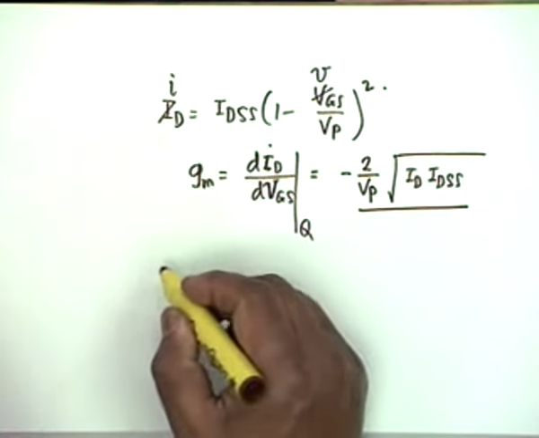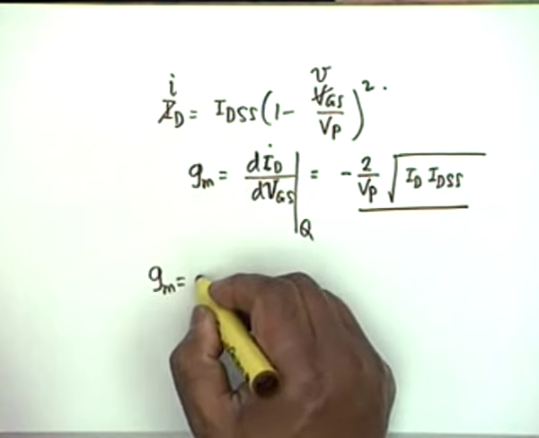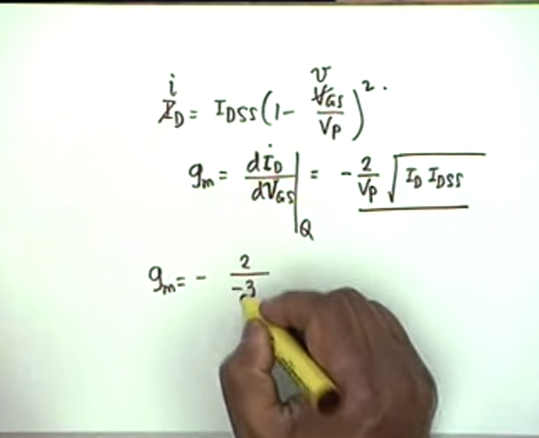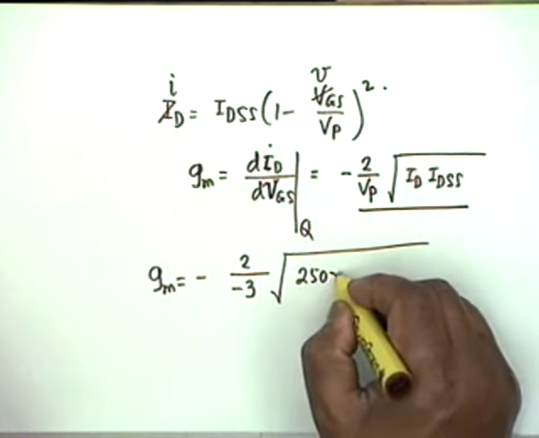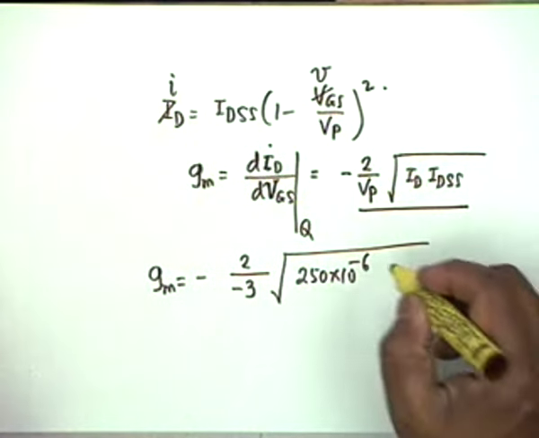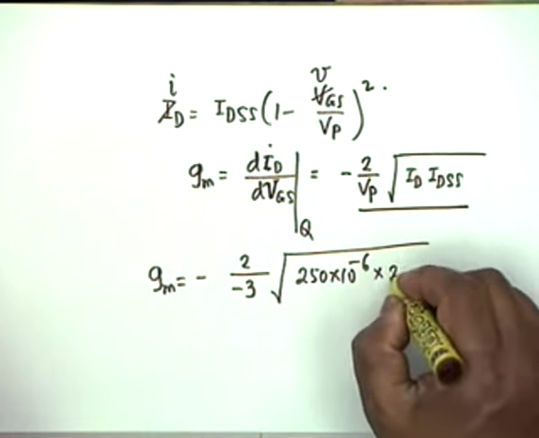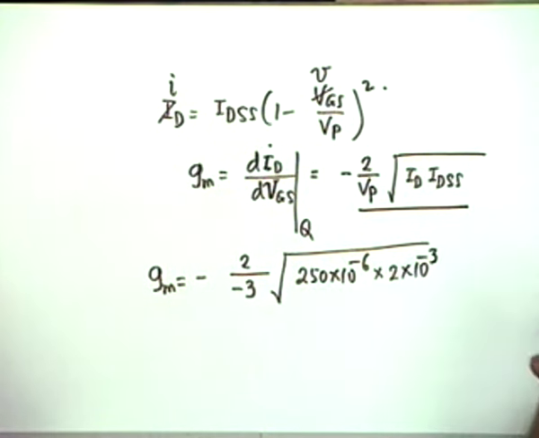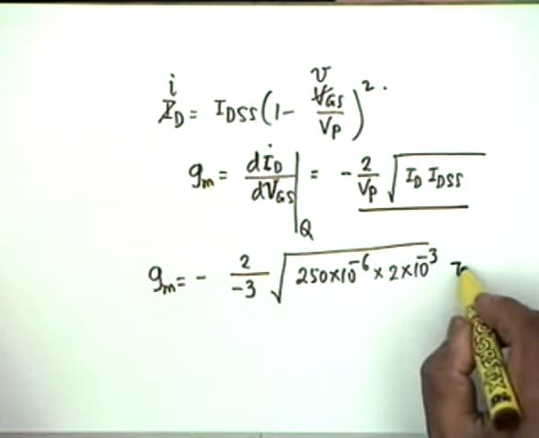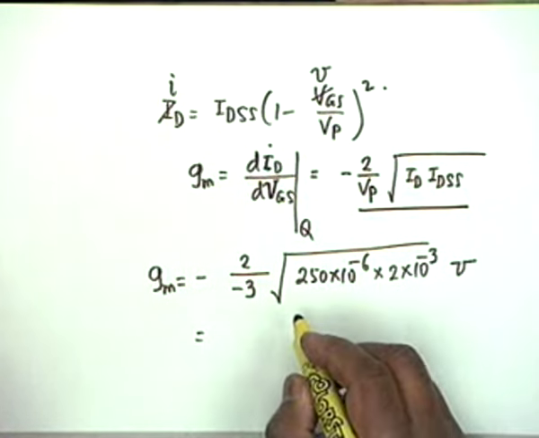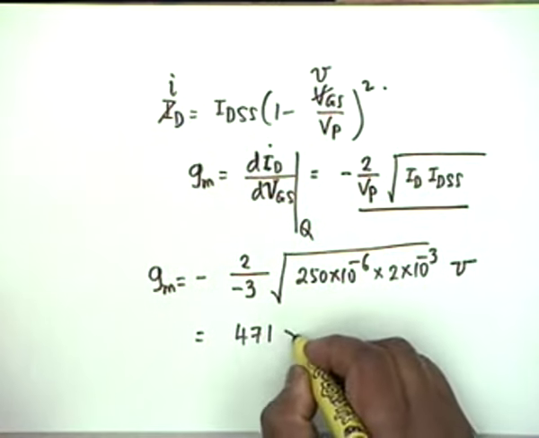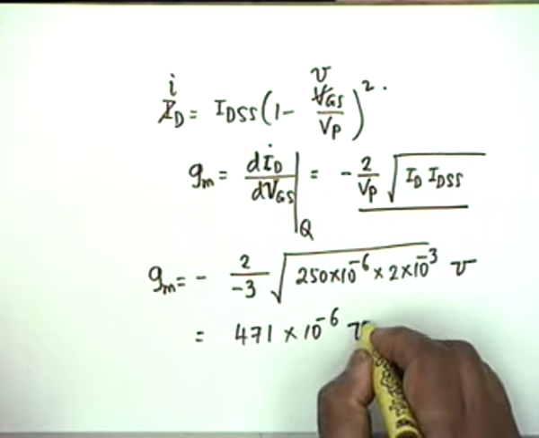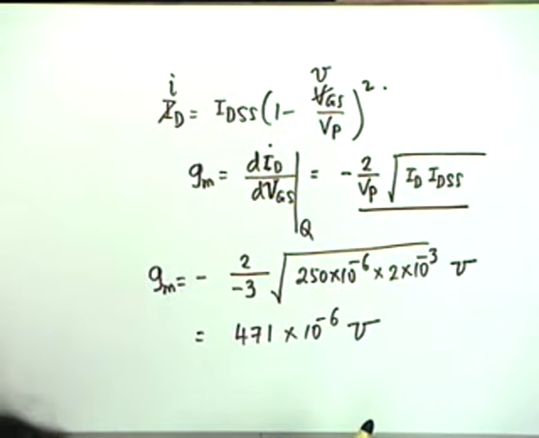Now if I substitute the values, you see GM is minus 2 divided by minus 3, I sub D is 250 microamperes, and IDSS is given as 2 milliamperes, 2 times 10 to the minus 3, and so many mhos. If you calculate this out, my result is 471 times 10 to the minus 6 mhos. Why did we find out GM?